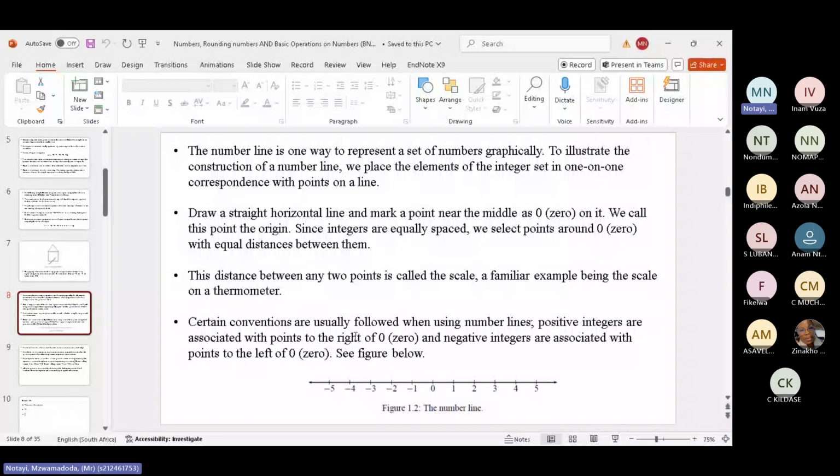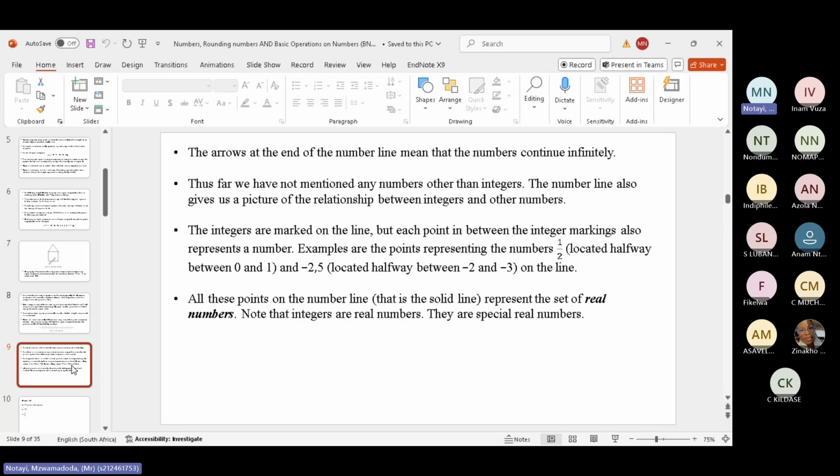Positive integers are associated with points to the right of 0. So to the right of 0, those are positives, and to the left of 0, it's the negative integers. The arrows at the end obviously indicate that the set continues indefinitely.